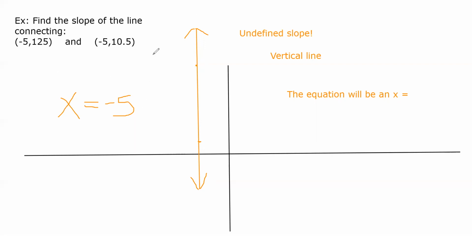So that's kind of the justification behind why we write the equation of a vertical line like that. So if your 2 points were 3, 15 and 3, 27 million, your equation would be x equals 3 there. It's all about the x coordinate you have.